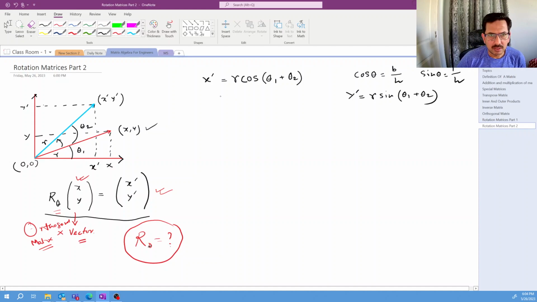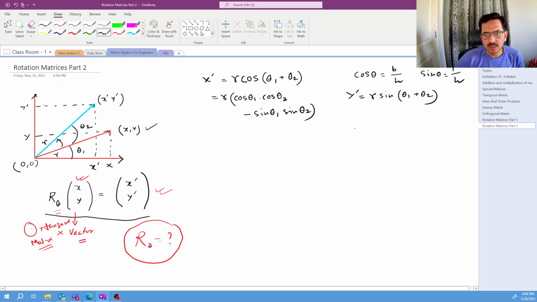Okay. Now what is the formula of cos of a plus b? So simple. Cos theta 1 into cos theta 2 minus sine theta 1 into sine theta 2.